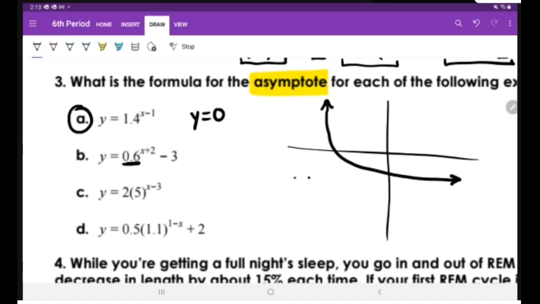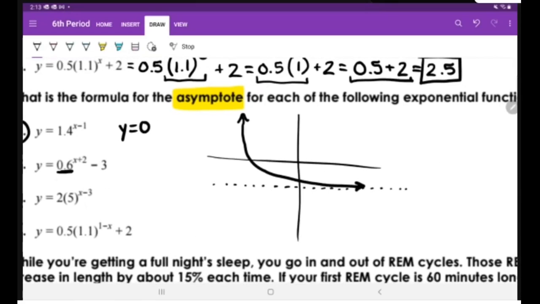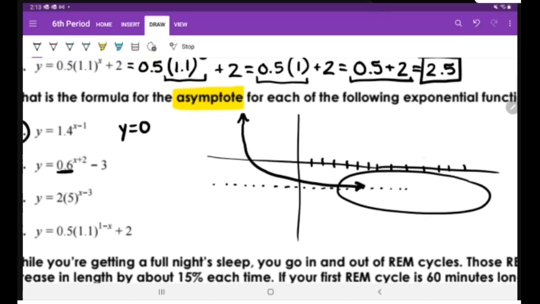We want to figure out what asymptote my graph's getting really close to as we go further and further to the right. So notice this one is on the opposite side of the graph. Decay models will get closer to your asymptote on the right-hand side. So when I want to plug in some x values to see what my y values are doing, I'm going to be plugging in x values over here to the right. So I might want to plug in values like positive 10 this time.